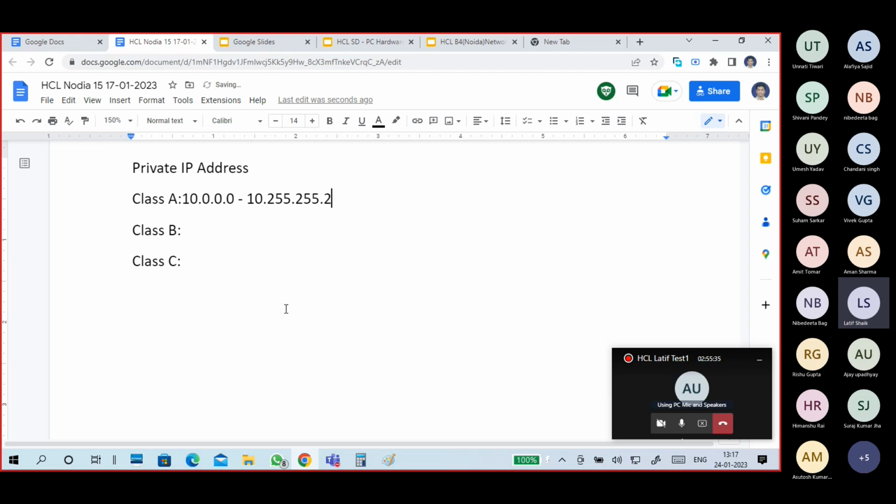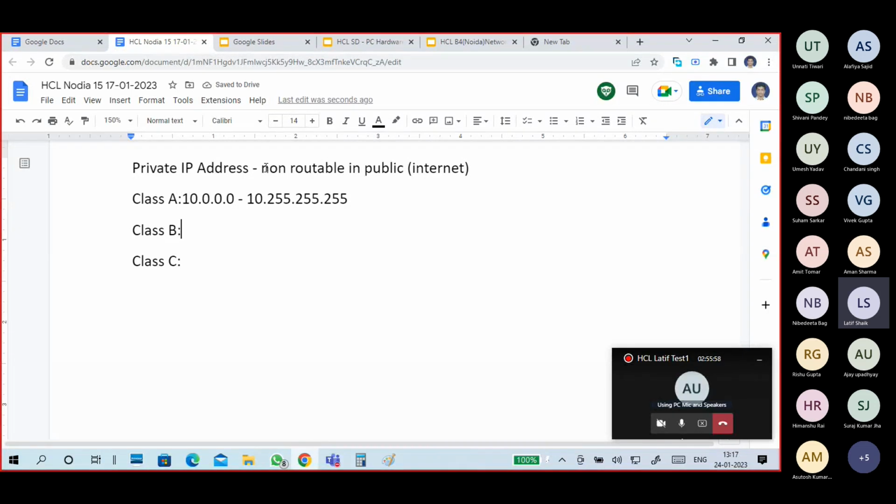Actually, I'm giving the complete range: 10.0.0.0 to 10.255.255.255. This entire 10 series is a private IP address range. Private IP addresses are non-routable in public, meaning the internet. So your private IP address won't go to the internet.